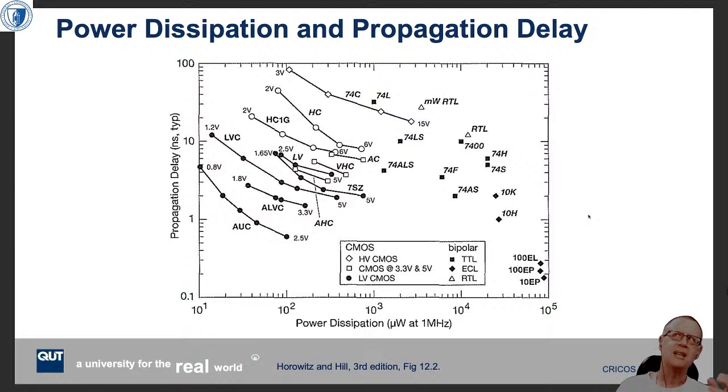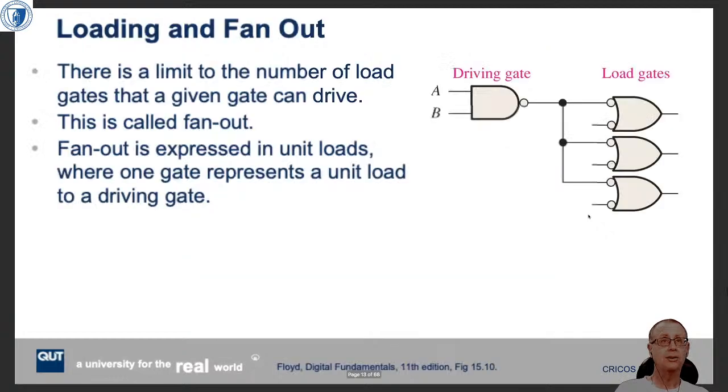And maybe that doesn't sound quite right, but you can think about it. If you've got a lower voltage, remember voltage is a driving force. So if you've got a lower driving force, the physics is going to be driven less quickly. Okay, so your propagation delay is going to go up, even if the reason you're using the lower voltage is to reduce the power dissipation.